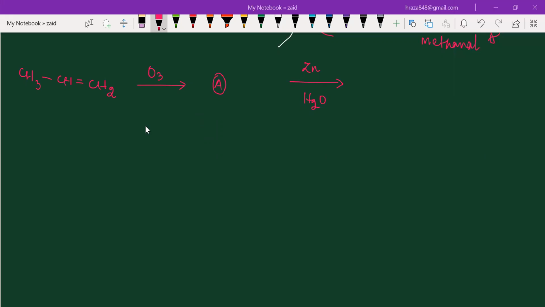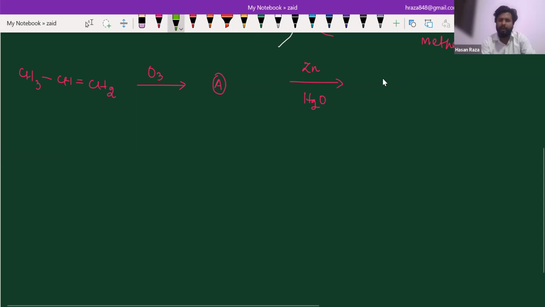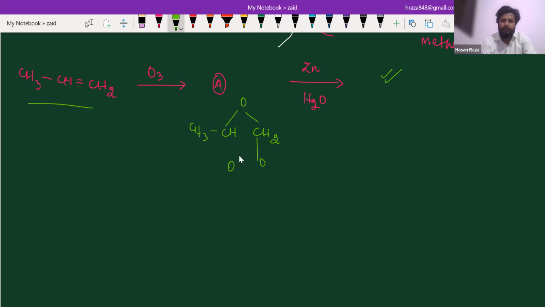A is methanol and ethanol. No, that will basically be methanal and ethanal. It will be just like the intermediate I told you. The O3 will, I'm going to write this structure, you can see CH3, single bond CH, and then don't show the double bond. It will be like this, a ring-like structure. And after this, you are going to pass it through Zn/H2O.